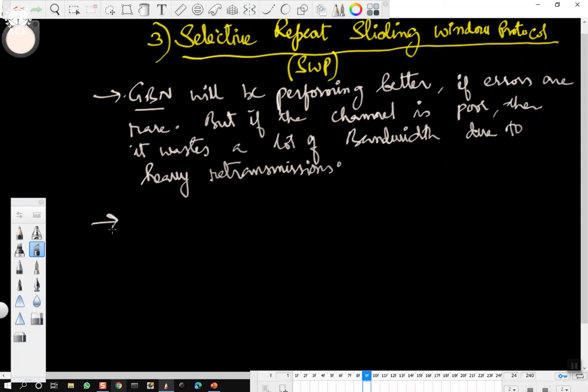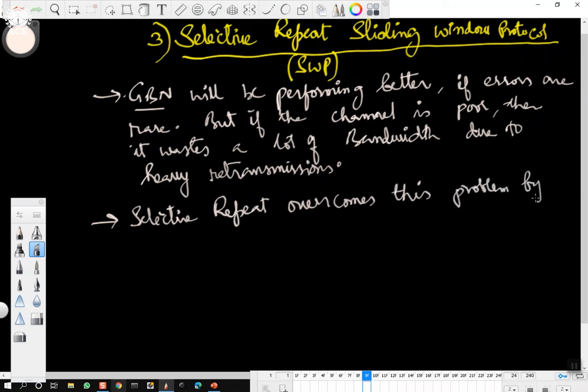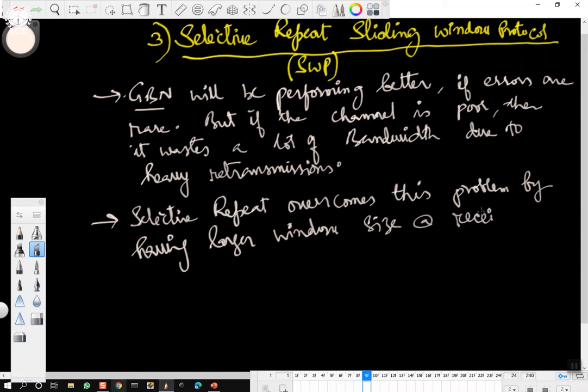So therefore, selective repeat overcomes this problem by having a larger window size at the receiver.